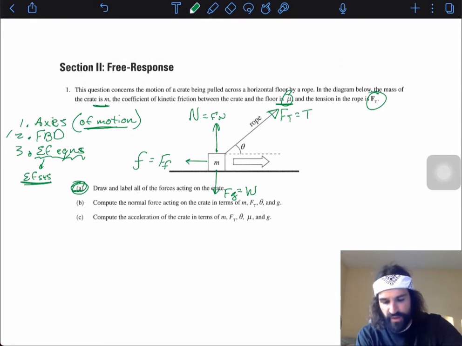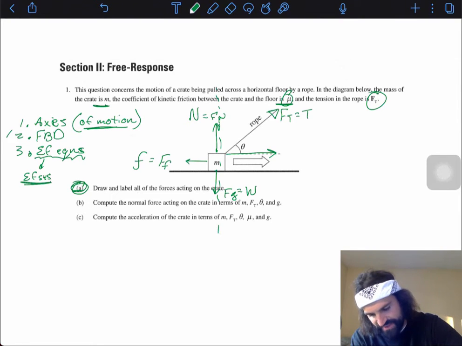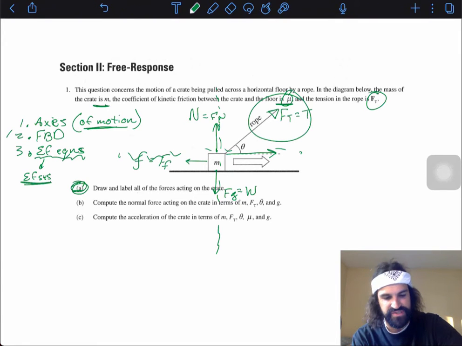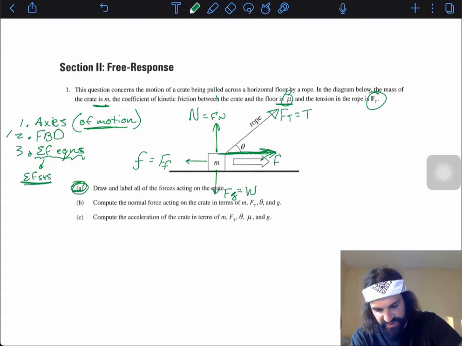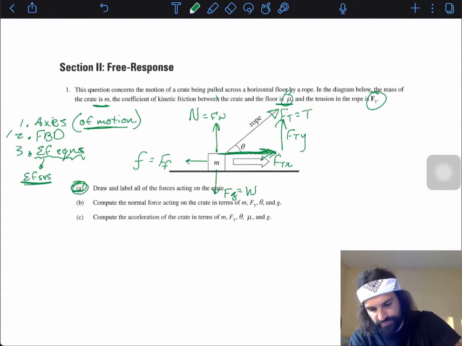That's part A. I'm also going to break this diagonal force down because our y-axis is like this and our x-axis is like this. Tension does not fall along one of those axes, which means I'm going to break it down into its x component parallel to the x-axis, Ftx, and the vertical component, Fty.